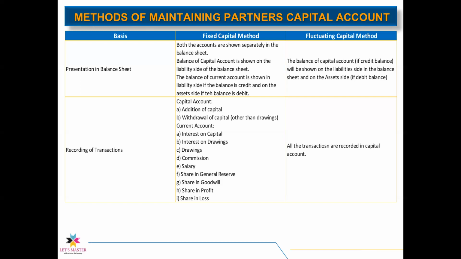All the rest of the transactions related to interest on capital, interest on drawings, commission, salary, share in general reserve, share in goodwill, share in profit or share in loss, all these other transactions are recorded in partner's current account. Whereas if you are maintaining partner's capital account using fluctuating capital method, then all the transactions are recorded in one account of the partner, that is partner's capital account.